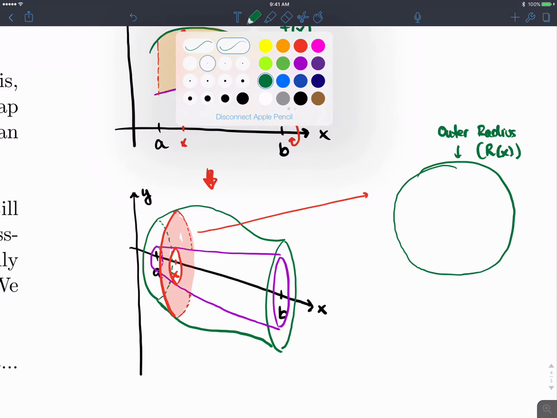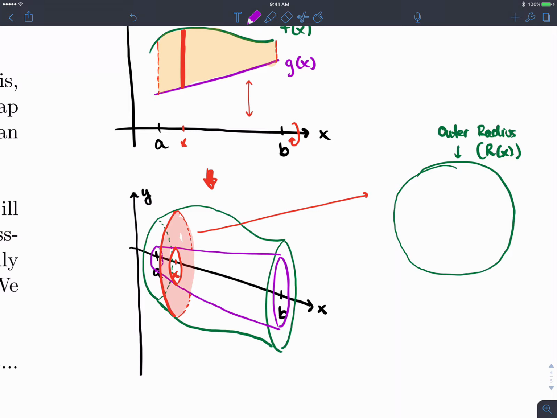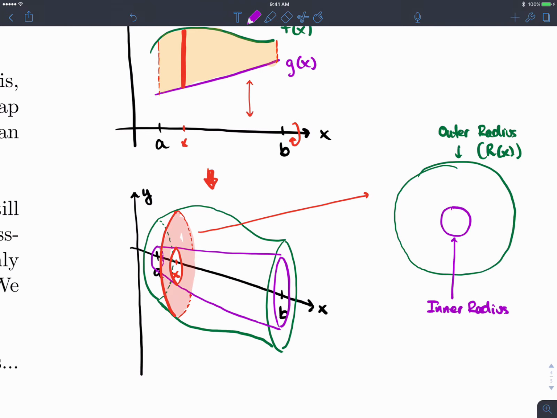And then there's our inner radius that was created by that other boundary function. We'll refer to this appropriately as the inner radius, and we distinguish this by calling it little r of x.